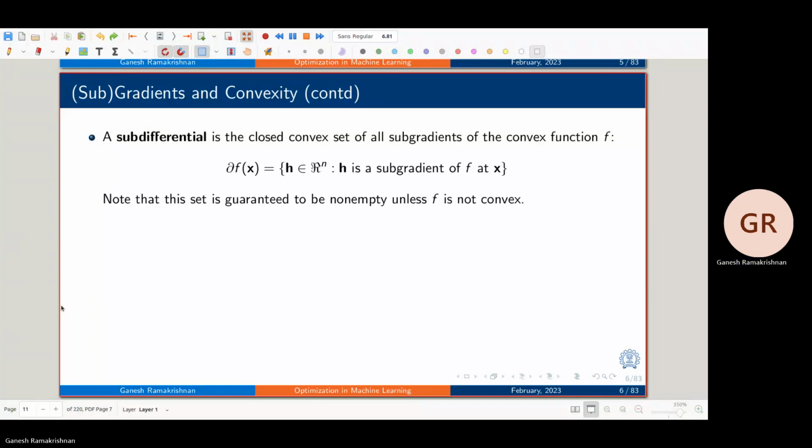Max of F1, F2 at y should be greater than or equal to max of F1, F2 at x plus something new, I'll call it H new transpose at point x, times y minus x, for all y. This is what I want to derive. So I want to know what is this H new x? How can I write it in terms of H? You understand the question?